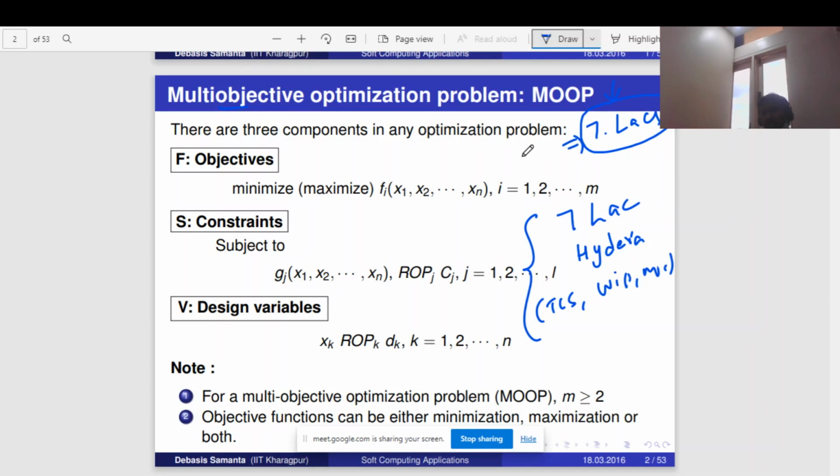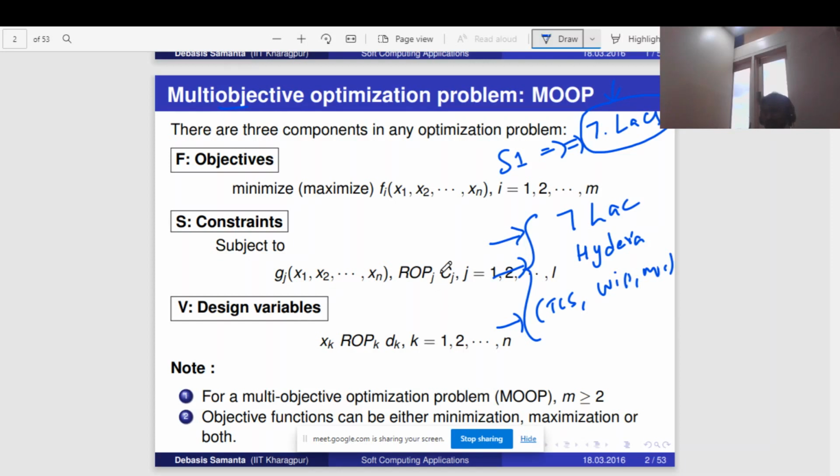This student has three objectives: the package should be more than 7 lakhs, the place should be Hyderabad, and the company should be from this list. This type of thing is called multi-objective functions.